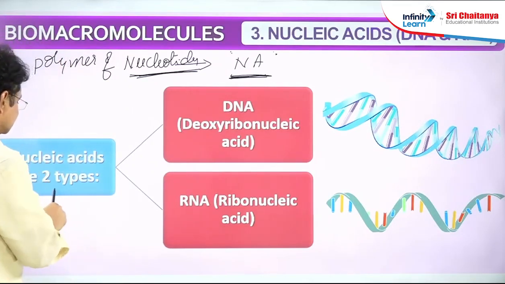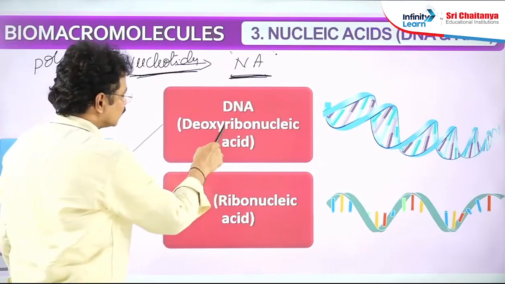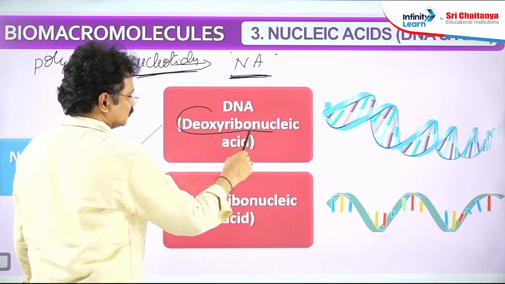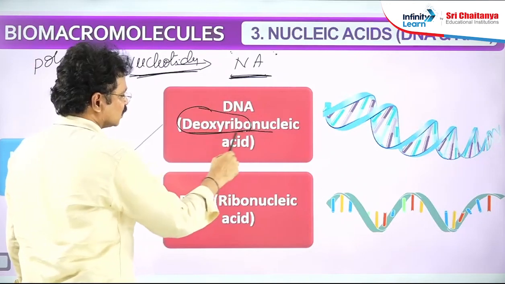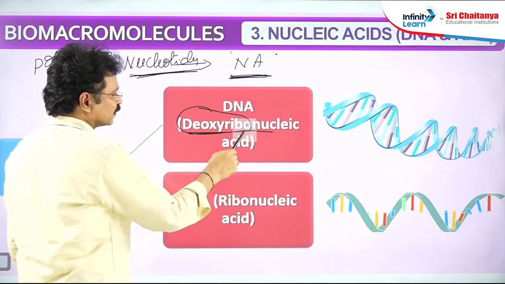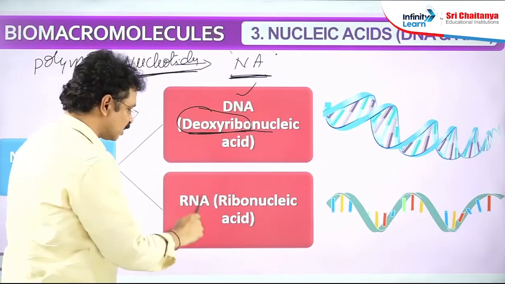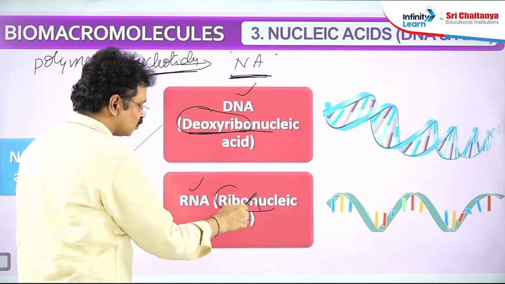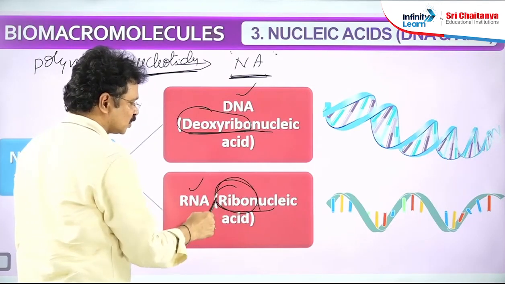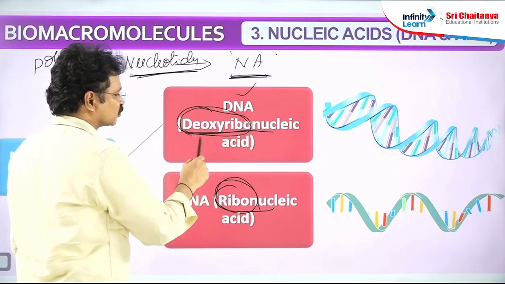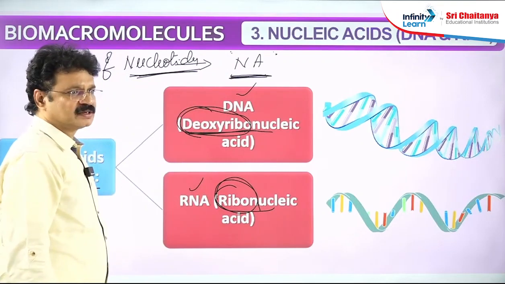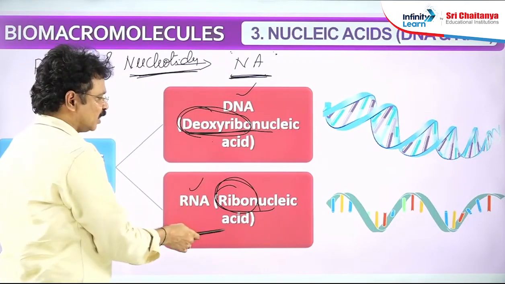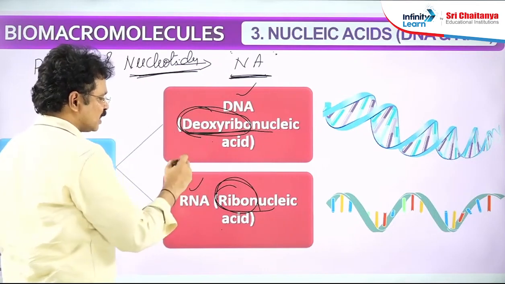Nucleic acids are of two types, based on the type of sugar molecule present in the nucleic acid. If the type of sugar is deoxyribose, then that is DNA. Whereas in RNA, the sugar type is ribose. The basic or major variation between DNA and RNA is the type of sugar.